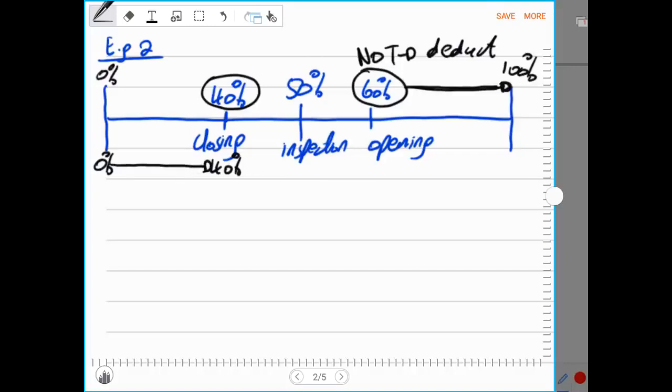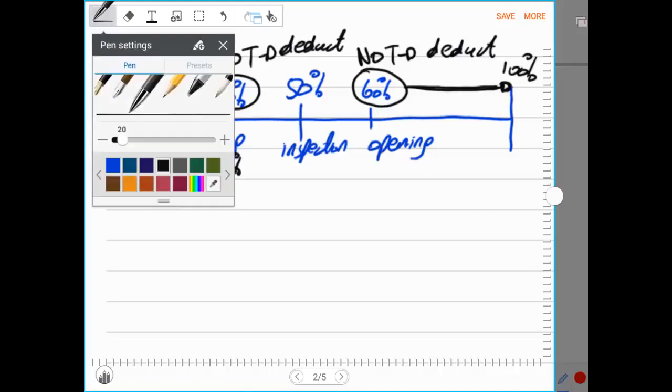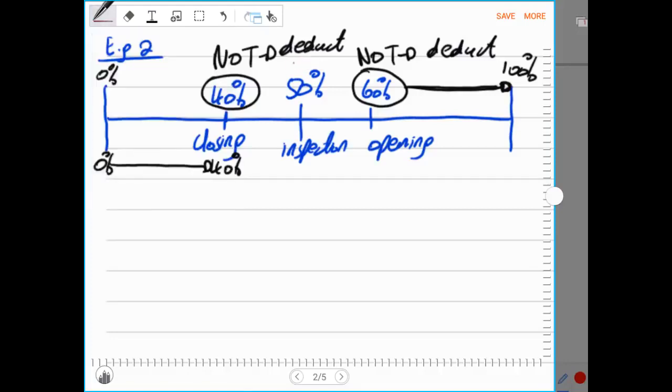So now will the closing in this period pass the point of inspection? The answer is no. So if the answer is no, it means deduct the units that did not pass the point of inspection. In this case, both the opening and the closing will not pass the point of inspection, which is at 50%.